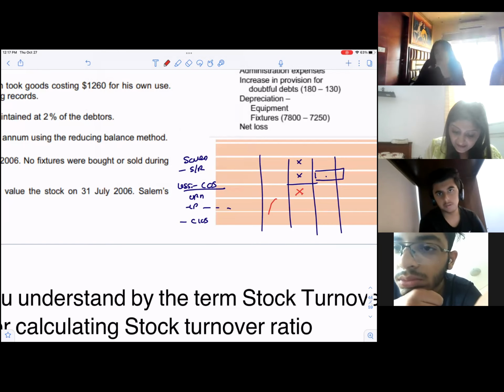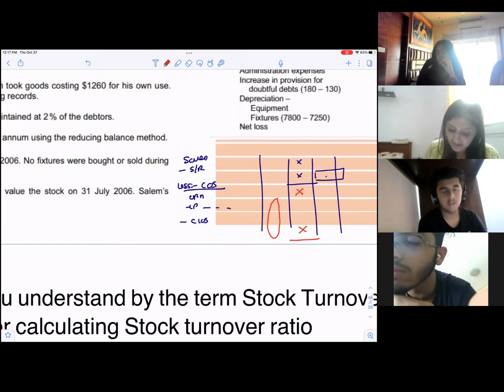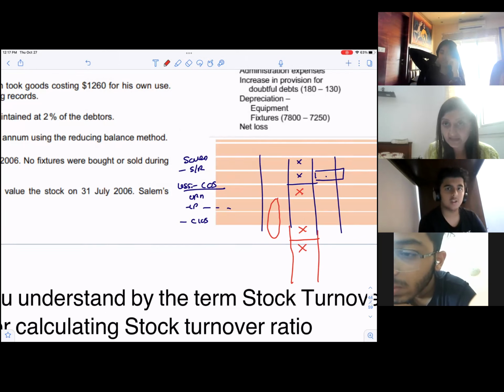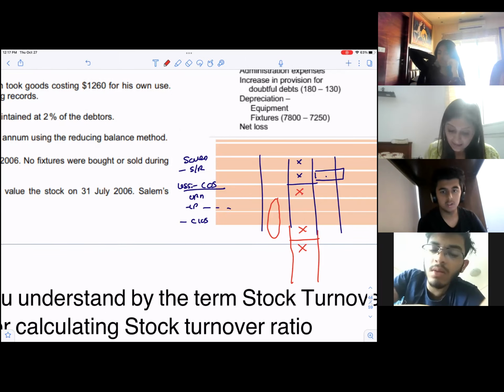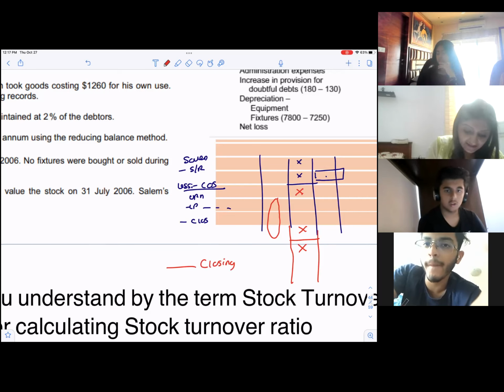Everything related to purchases will happen over here. Opening plus purchases, you arrive at an answer. Minus closing inventory, this is the thing that you have to find out.